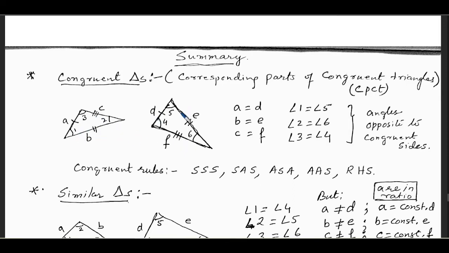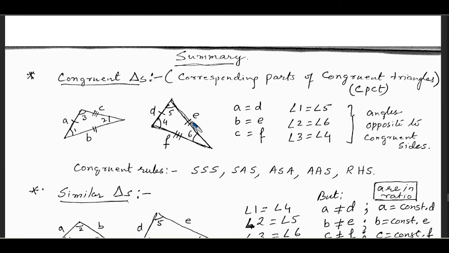Angle 1 is equal to angle 5, angle 2 is equal to angle 6, the corresponding angles. I have just rotated it to confuse you all, but sometimes you can have two different triangles in two different places and they may be rotated, so you have to know whether they are congruent or not. So that's why I have done that. And angle 3 is equal to angle 4.